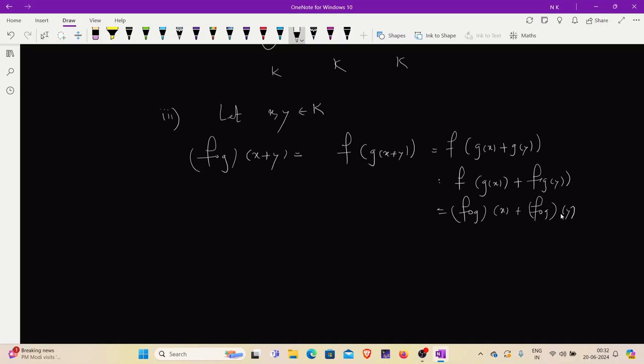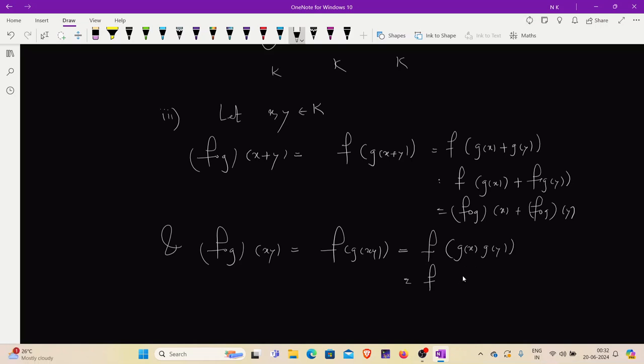So it's a routine job, right? And further, f composite g of x into y equals f of g of x into y, but g is already an isomorphism, so this is g of x into g of y.